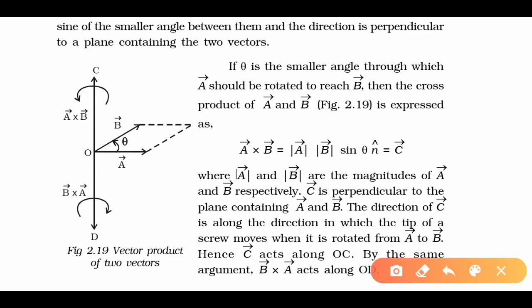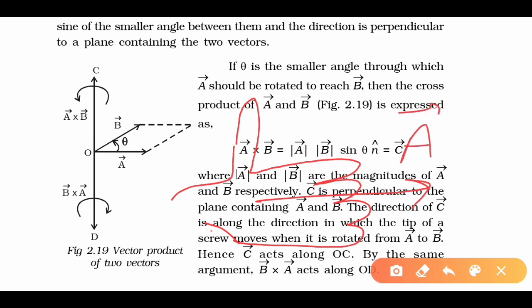Now I am going to explain the right hand thumb rule for finding the direction of A cross B, or the vector product. Now we place our fingers in the direction of A vector, because we want to find the direction of A cross B. So the starting vector is A vector, so we place our fingers in the direction of A, and we want to move in the direction of B vector.